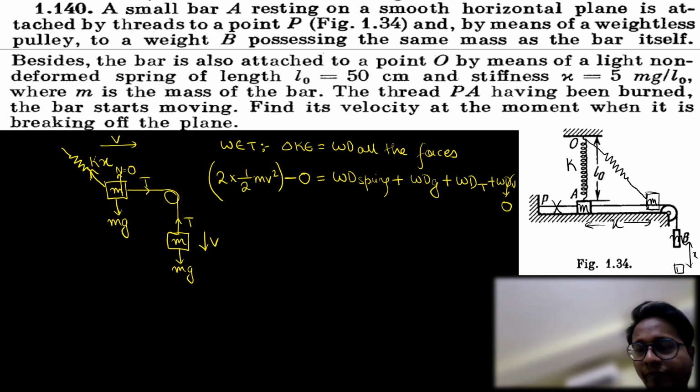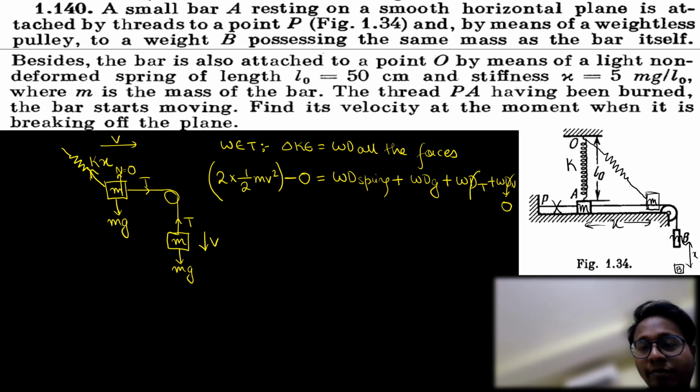Now the work done on block A would be plus T into x, because tension force and displacement are in the same direction. Whereas work done on B would be minus T into x, where T and x are in opposite directions. That's why minus. So plus Tx minus Tx, so total work done by tension force is equal to 0 out here.